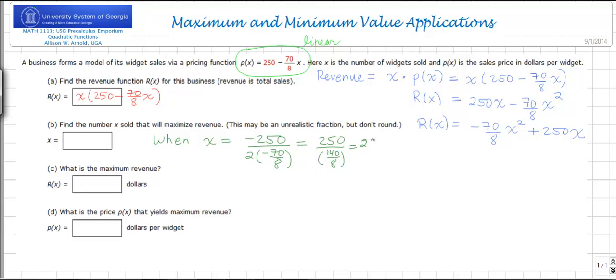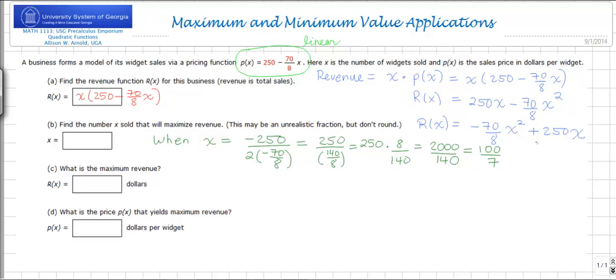which gives us a positive value of 250 divided by 156. If I do a little algebra work on this, I could certainly leave my answer in this manner, or I could choose to reduce it. 250 divided by 156 would reduce to 125 over 78. So kind of pick your battles there. You may not wish to reduce it.